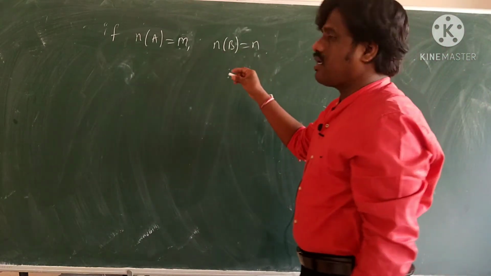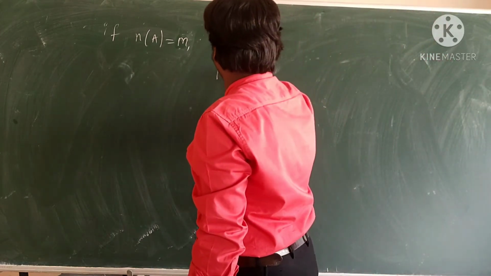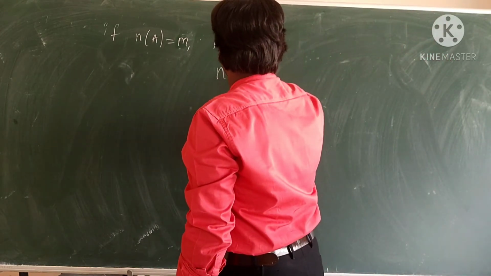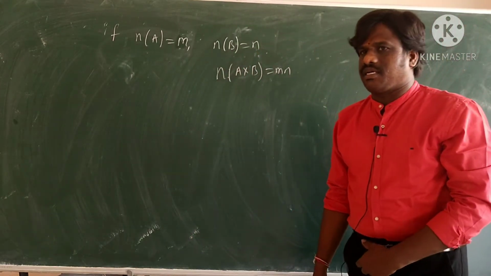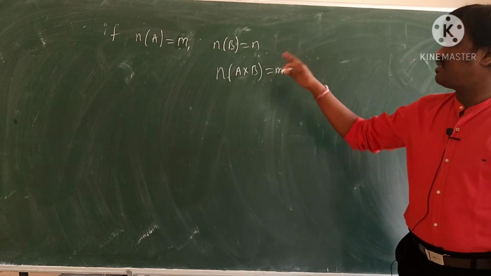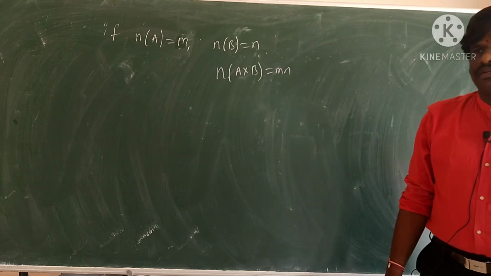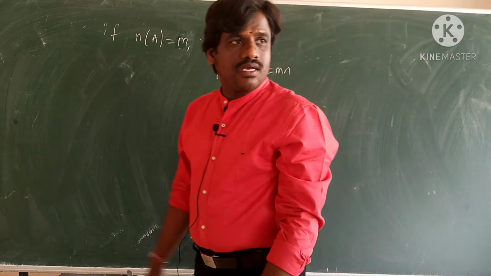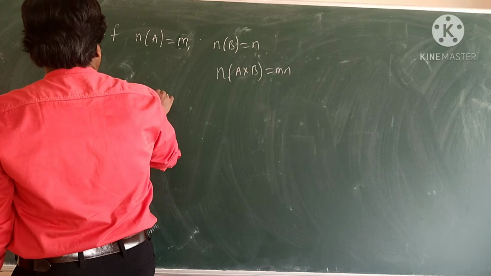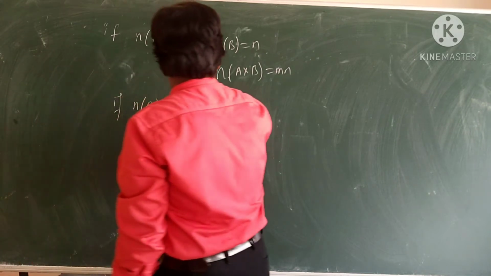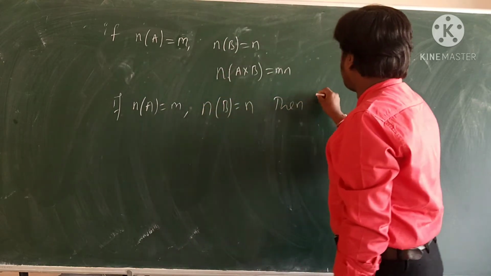The number of elements in A cross B is equal to mn. You can check it by an example. If A has m elements and B has n elements, the number of elements in A cross B is m into n.